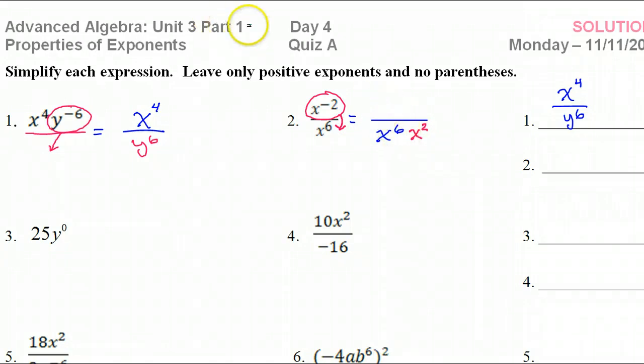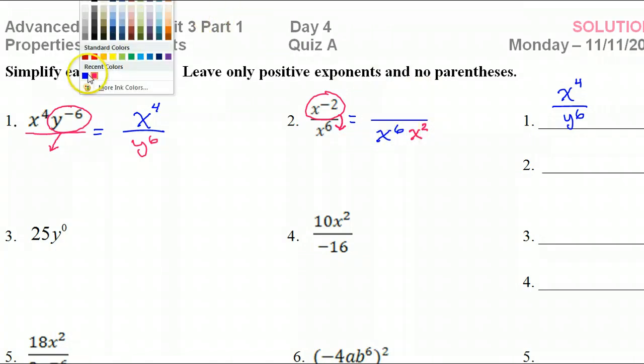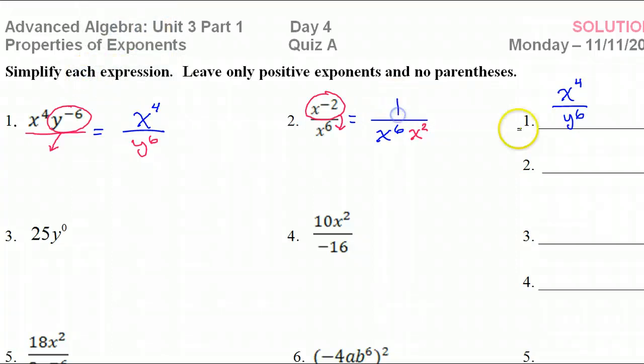Now there's nothing left in the top, so I'm going to need a 1 up there to hold the place. So for my final answer, I'm going to have 1 over x to the 8th power. Guess I'll go ahead and put it here as well. 1 over x to the 8th power, because you add the exponents when you multiply.